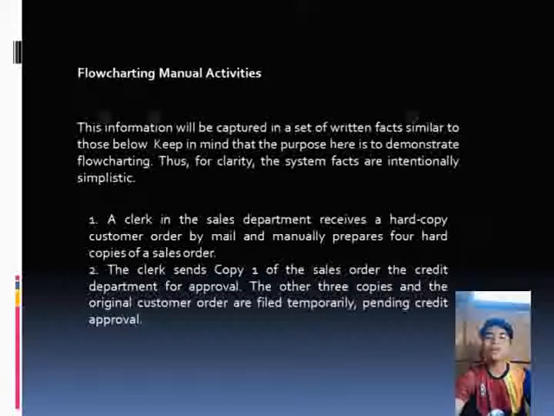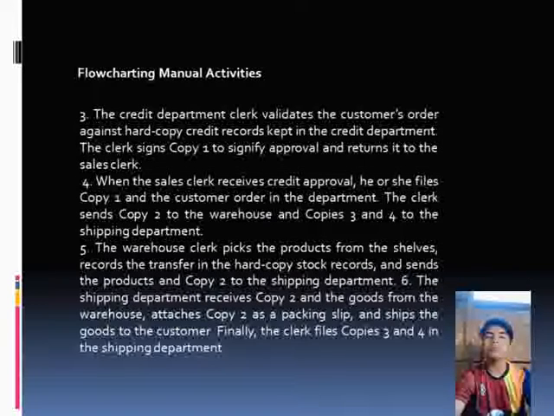The other 3 copies and the original customer order are filed temporarily pending credit approval. Third, the credit department clerk validates the customer's order against hard copy credit records kept in the credit department. The clerk signs copy 1 to signify approval and returns it to the sales clerk.